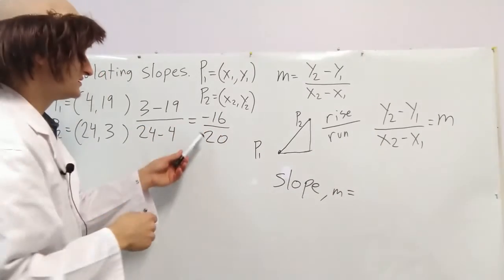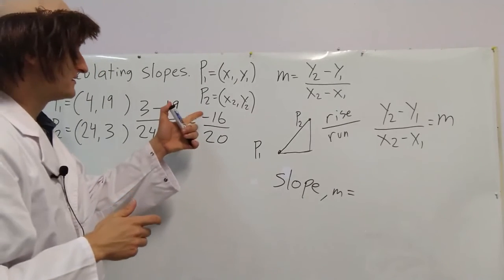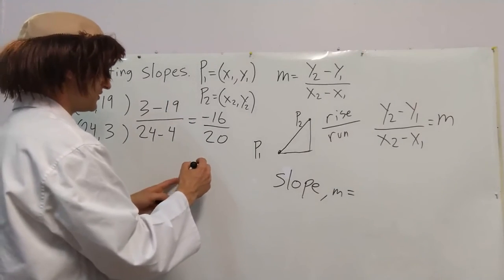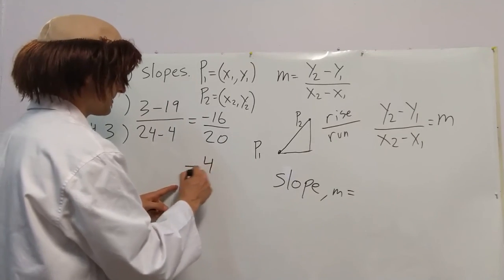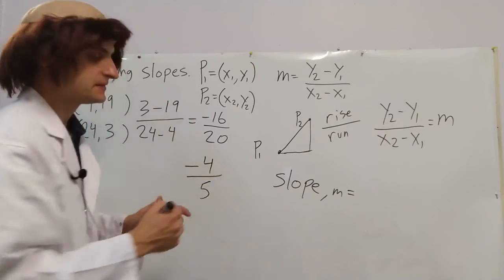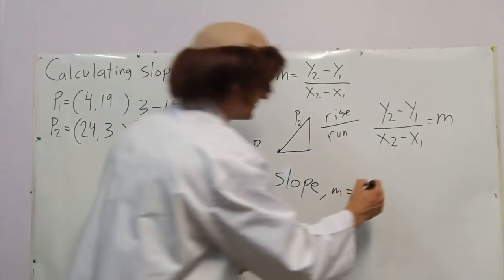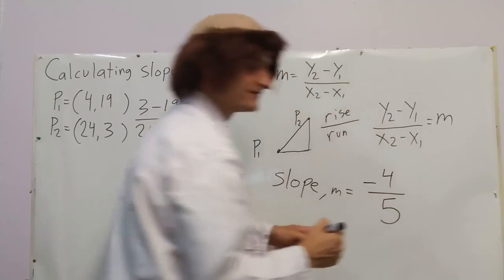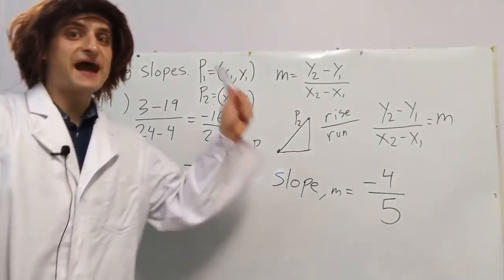This can be reduced. We will divide the top by 4 and the bottom by 4. That will give us negative 4 over 5. That is our slope. Negative 4 over 5. Hooray!